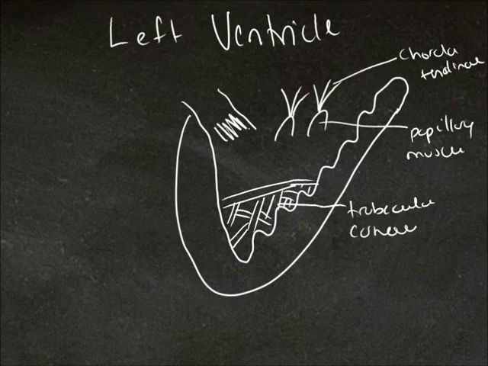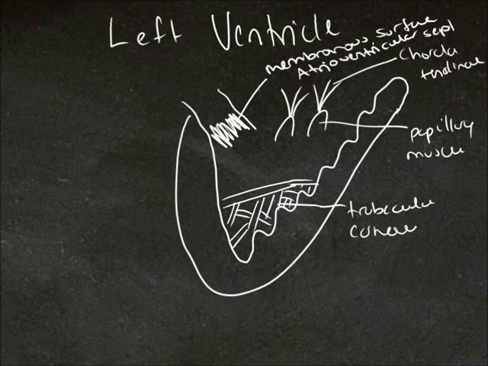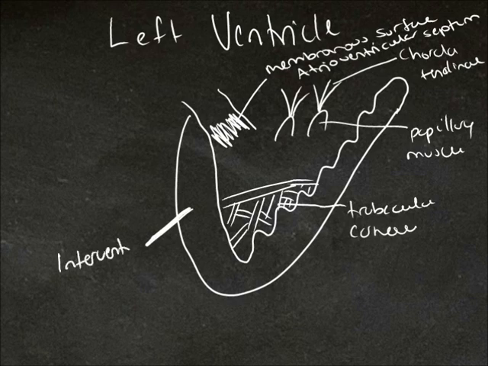Here you have a membranous surface called the atrioventricular septum. Here you have a thickening in the wall of the cardiac muscle, and this is called the interventricular septum.